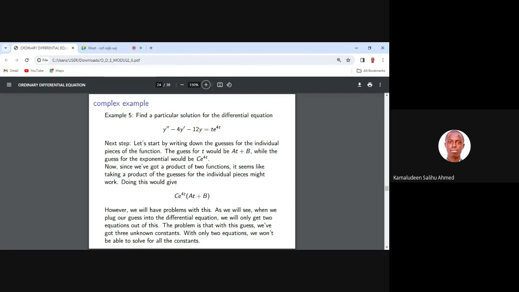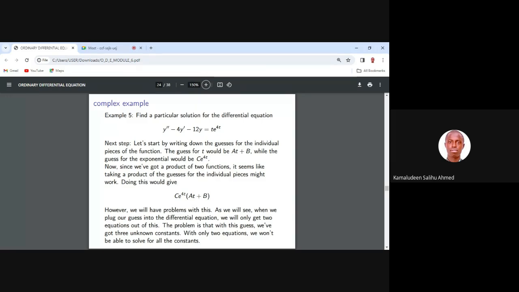So now, since we have got a product of two functions, it seems like taking a product of the guess for the individual pieces might work. Doing this would give what we have in here: c exponential 4t for the exponent, times this for the polynomial at plus b.